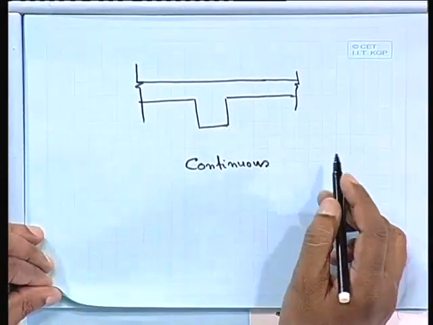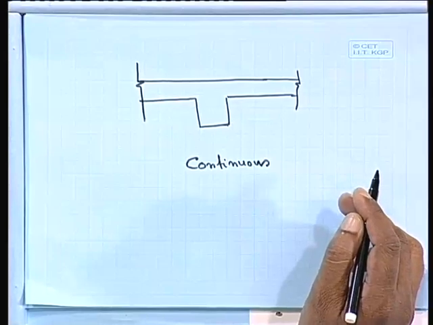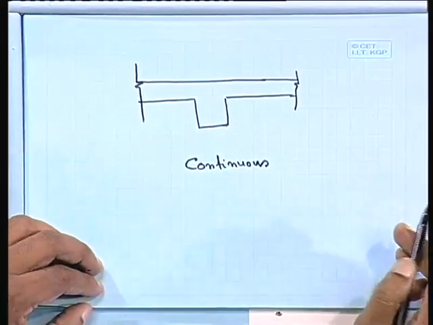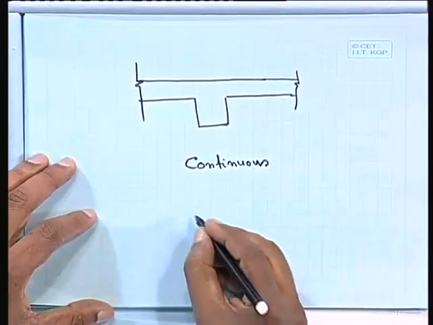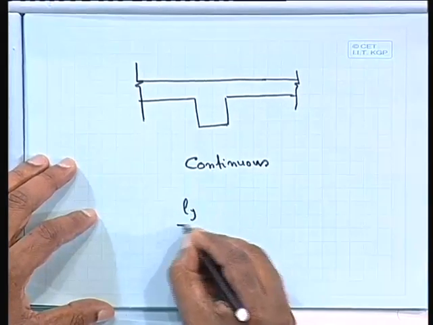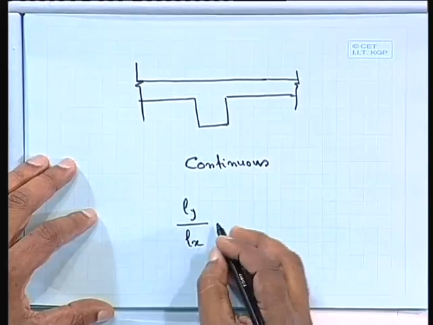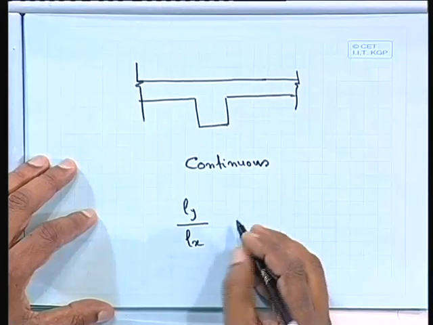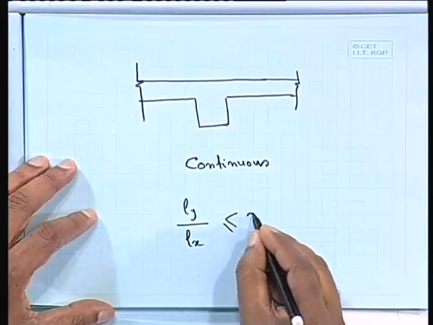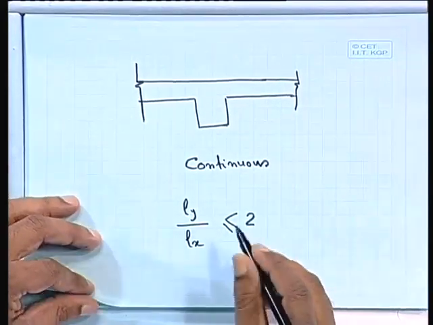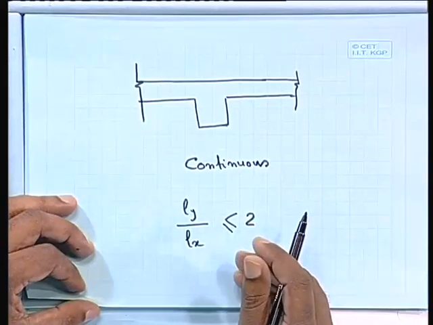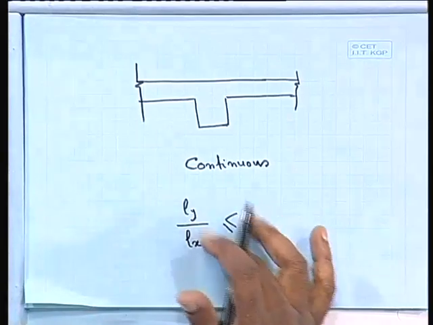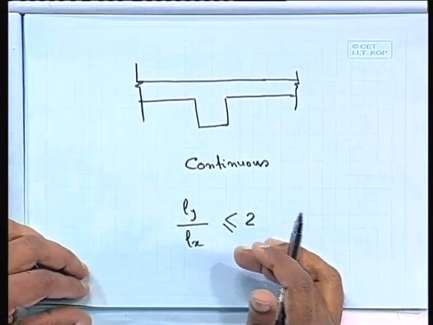So, these are the three different supports that we take for the design of slabs, and in all the cases we have to take Ly by Lx, the span in the longer direction divided by span in the shorter direction, should be less than or equal to 2. That is our case. In that case only we can design it as a two-way slab, only when Ly by Lx is less than or equal to 2.